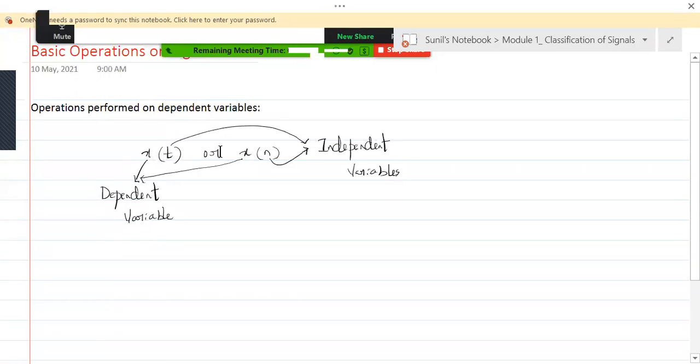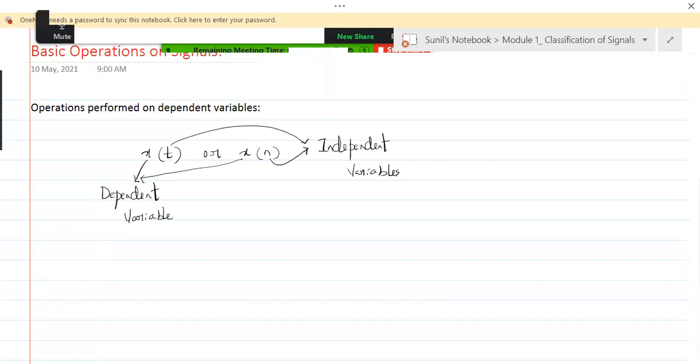The time, whether continuous or discrete, is independent because time is not depending on signal. The signal is depending on time. So the signal, whether it is x of t or x of n, is the dependent variable, and the time, the t or the n, are independent variables.